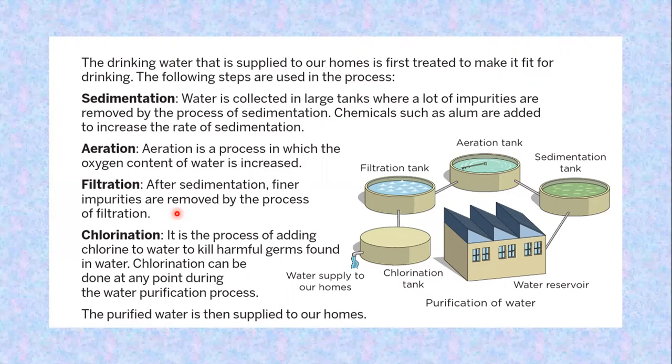After filtration, the water goes to the next tank where chlorination is done. Chlorination is the process of adding chlorine to water to kill harmful germs found in water. Chlorination can be done at any point during the water purification process. Could be the first step, could be the last step, but generally the last step. What happens?